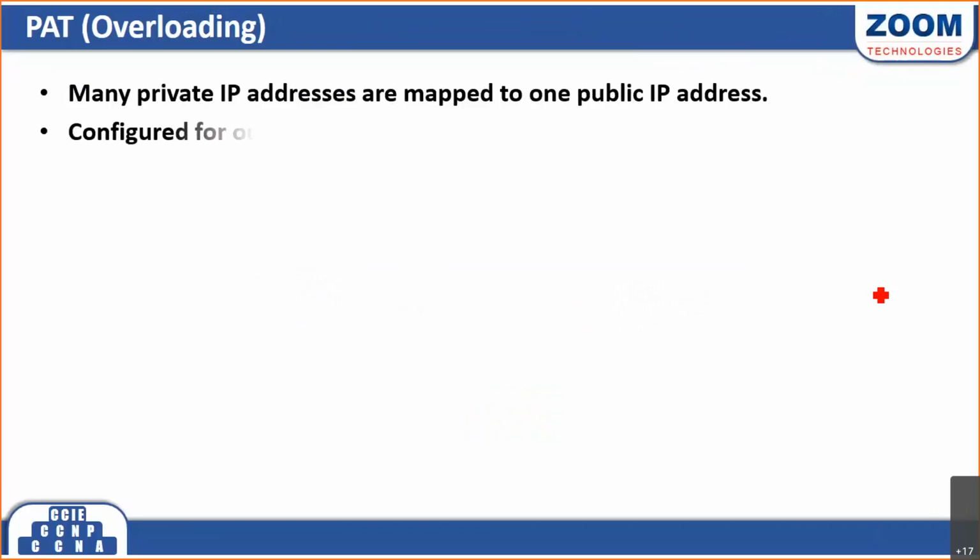Up to 60,000. It is configured for outbound traffic, meaning LAN users reaching the internet. My employees reaching the internet, LAN to internet, like your home personal laptops and mobile phones to the internet. That is PAT, outbound traffic. Your traffic is going outside. Many to one and LAN to internet.